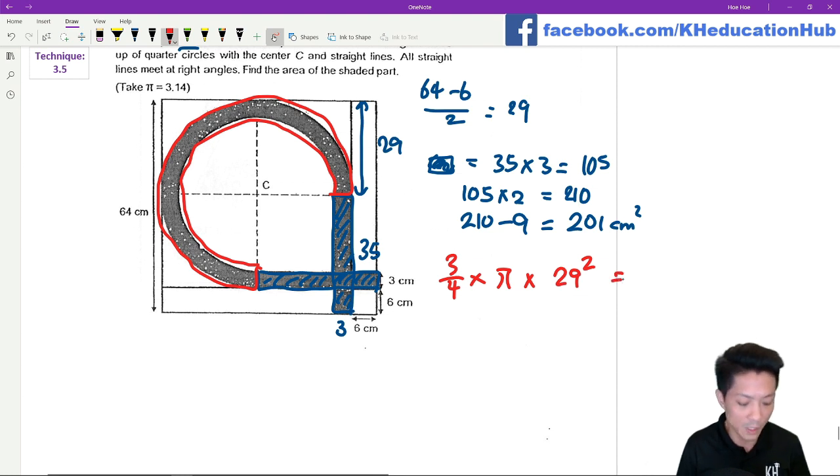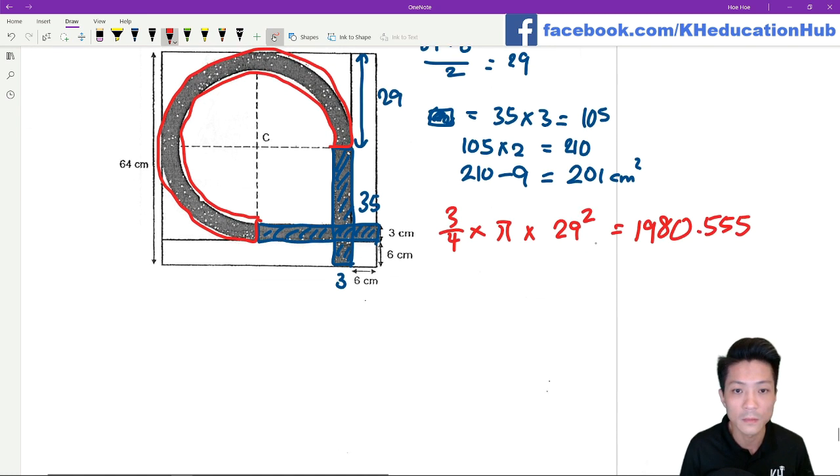This is going to give me, pi is 3.14. Okay, I'm going to write down the full value, 1980.555. This is for the big.